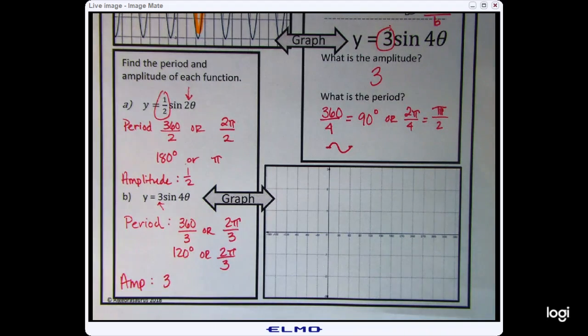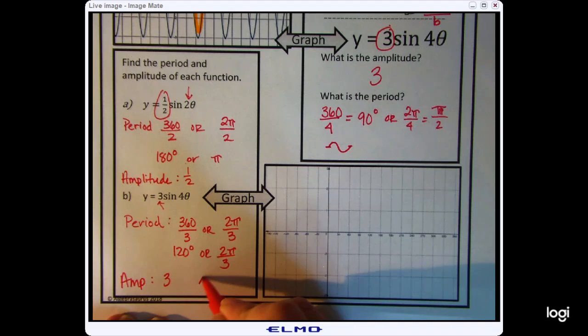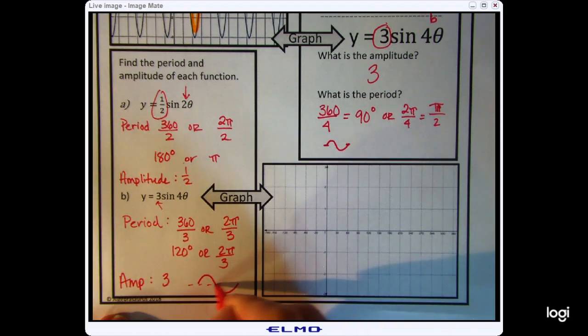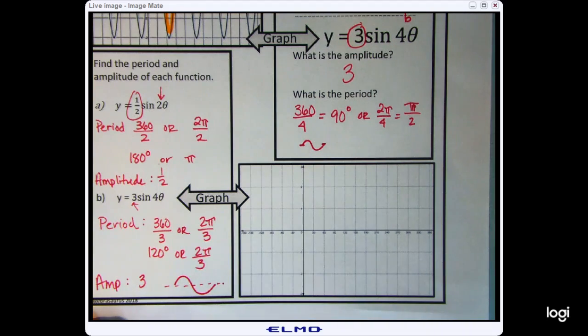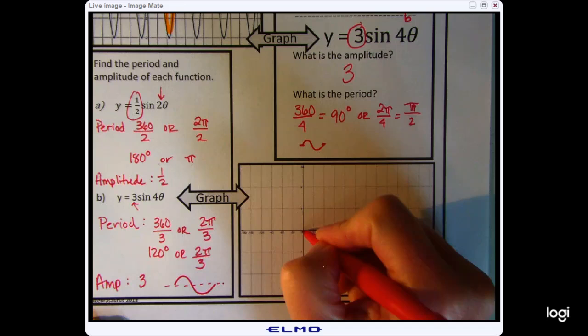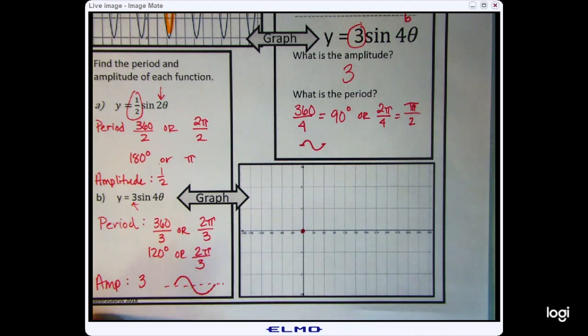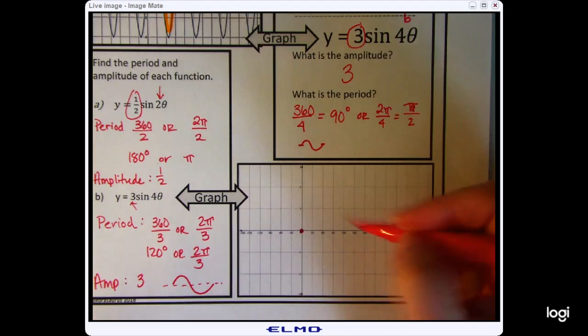All right, we're going to go ahead and sketch this one. Remember, a sine wave starts in the middle, goes high, crosses the middle, goes low, and it's back to center. You'll find me doing that frequently. And where does it start? At the origin. We know we're going to end here, and I have one full cycle every 120 degrees.